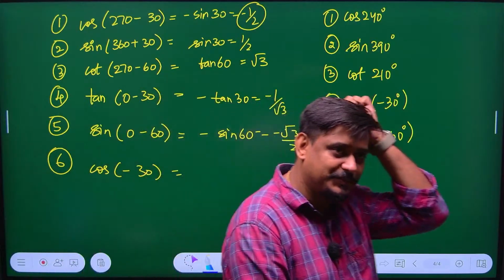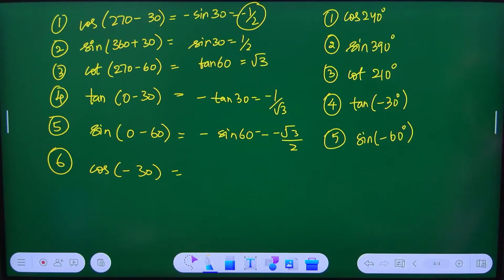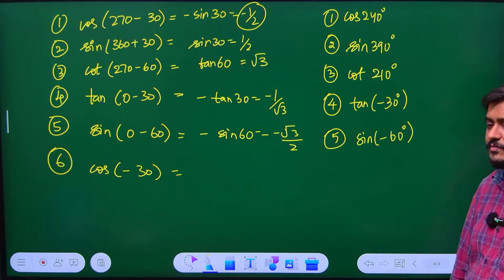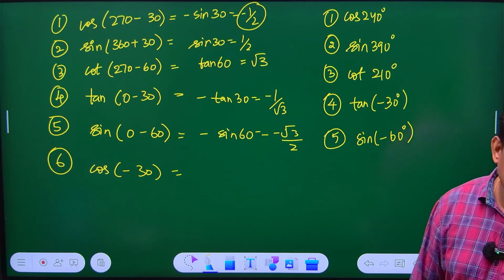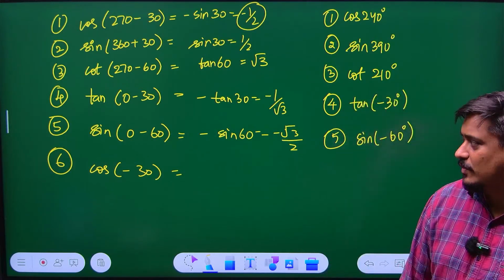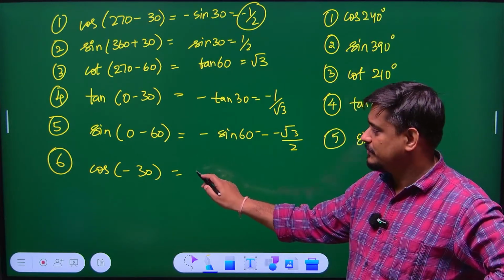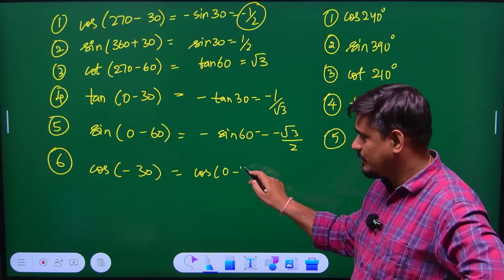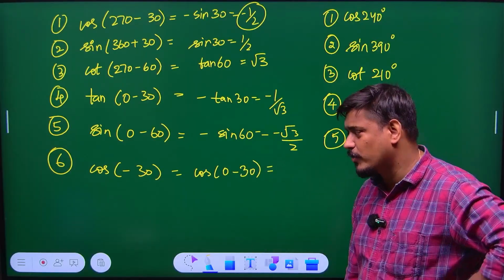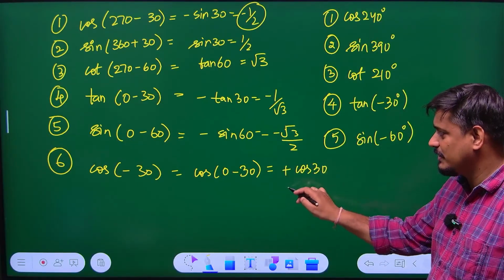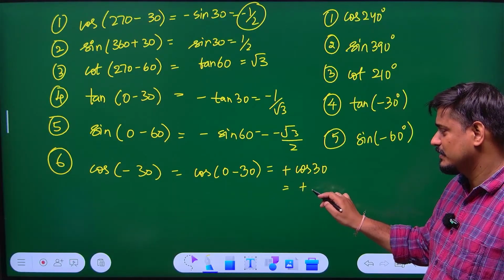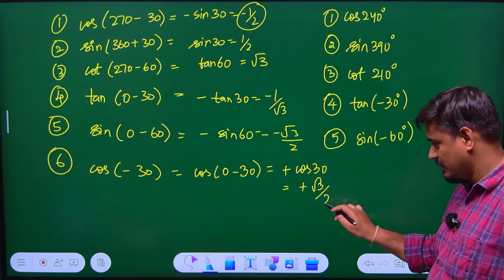Solve and tell me. What will you write? Cos 0 minus 30. Which quadrant? Fourth quadrant, cos positive or negative? So plus cos 30. What is cos 30? Root 3 by 2. So the answer is root 3 by 2.